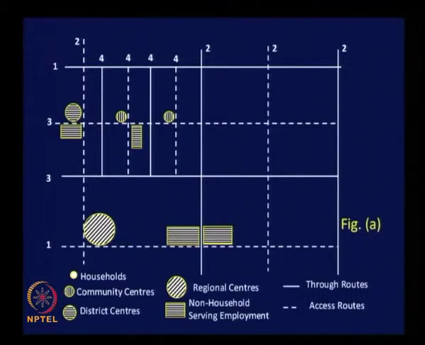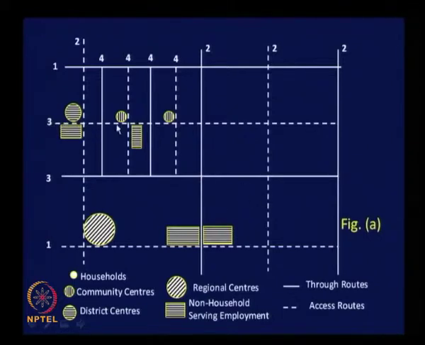So, type 2 routes are at right angles to type 1 routes, that is one point, and then through and access routes are placed alternately. If you provide one access route, the next route of the same type will be through route, then access route and then through route, so that speed as well as accessibility is available alternately. Clear?